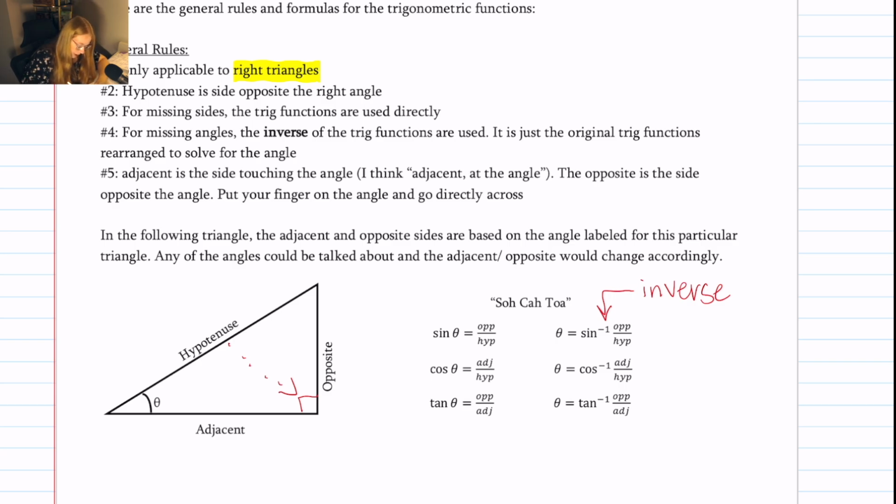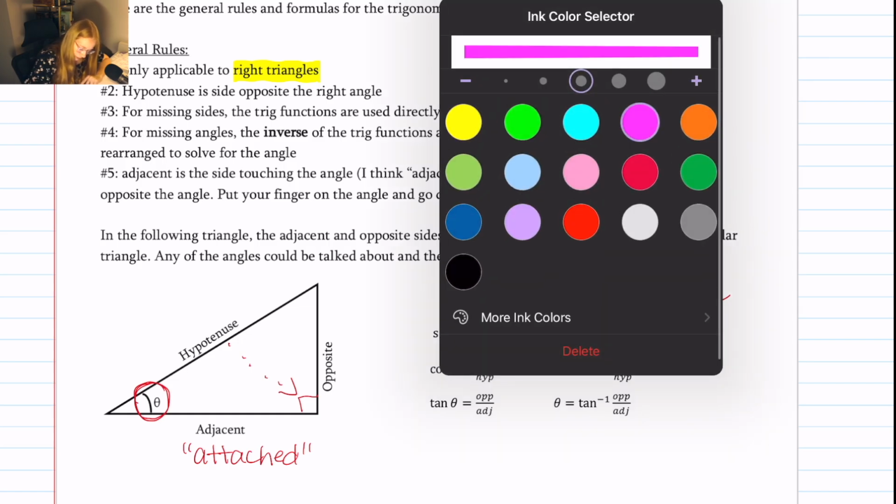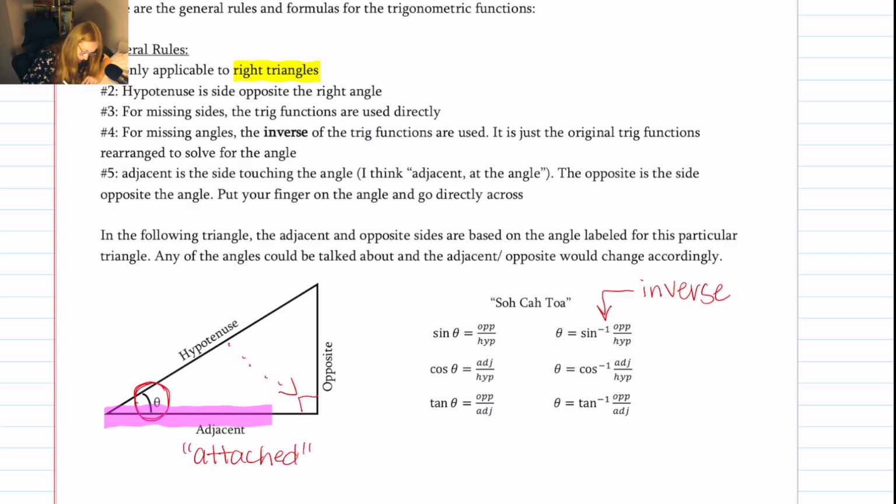For trig, you have to identify the angle that you want to focus on. In this triangle, we're looking at the angle in the bottom left-hand corner. And you assign the adjacent and opposite based on that angle. If that is my angle, the adjacent is the attached side. So for that angle, this side right here is attached to it.